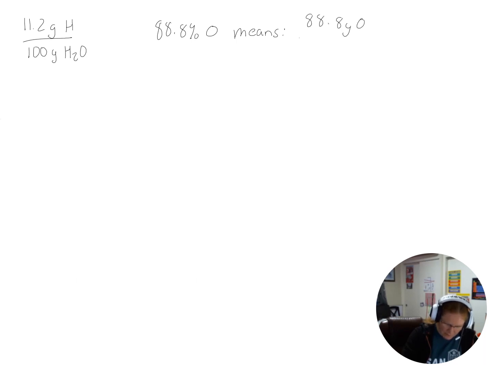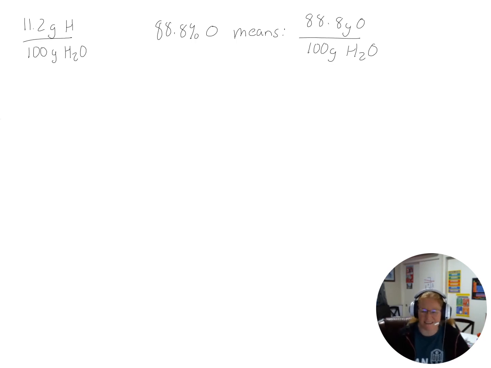We're talking about water, so water is H2O. It's the same thing with oxygen. 88.8% oxygen means I have 88.8 grams of oxygen for every 100 grams of my compound. So I can use percent as a conversion factor if I say, well, out of 100, because 88.8 over 100 gives me my 88.8%.